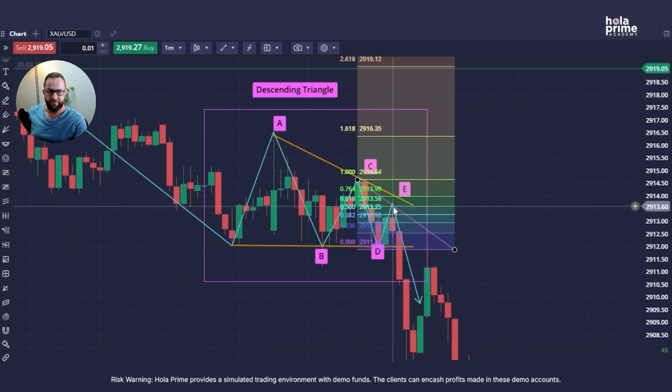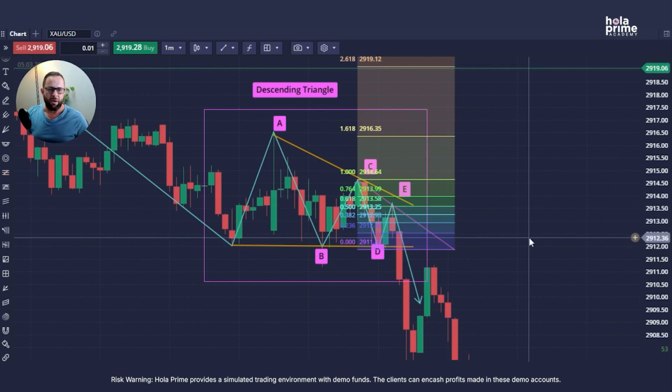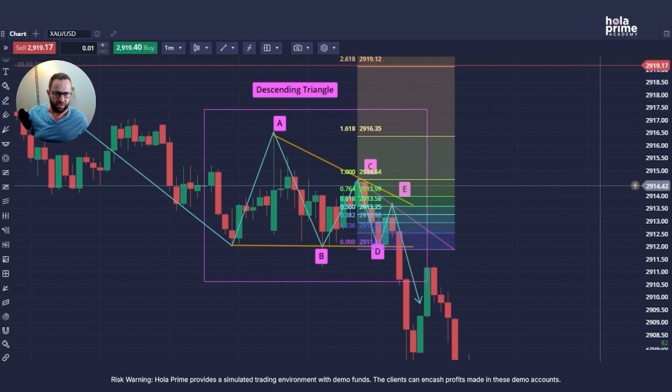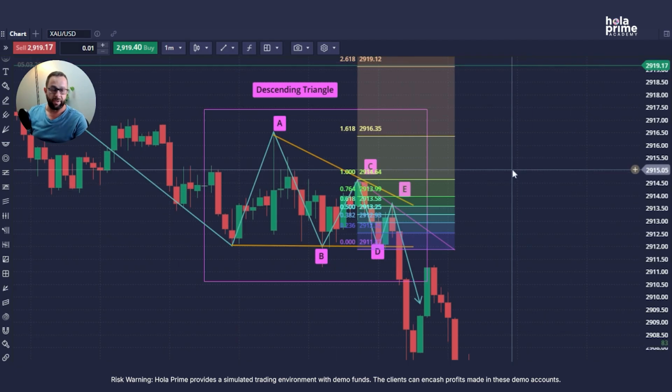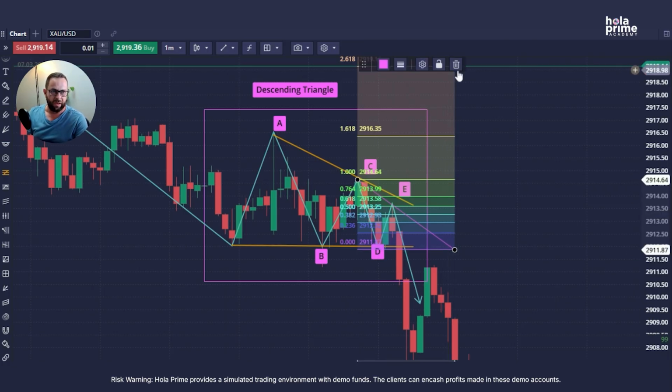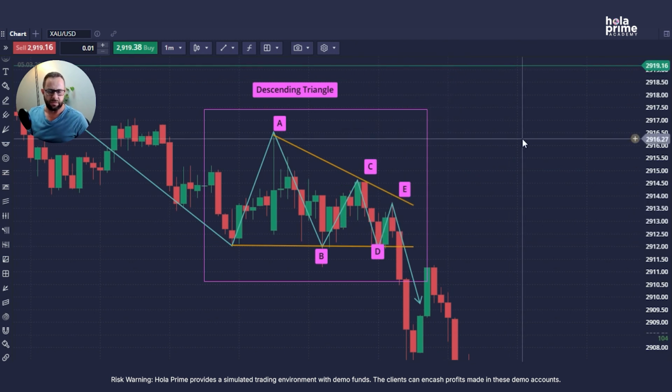Then we also have a 50% retracement. Quite often, if from your A to B wave, your C wave finds resistance at, let's say, 50 or 61.8, then typically it will repeat again with the next D to E wave, if that makes sense. So quite often you'll have a repetition of those levels during these internal waves, where they'll typically find support or resistance, depending on which triangle you're dealing with, at the same Fibonacci retracement levels.